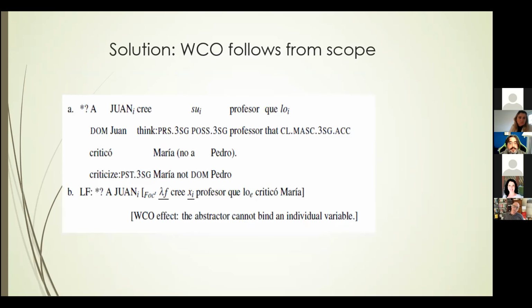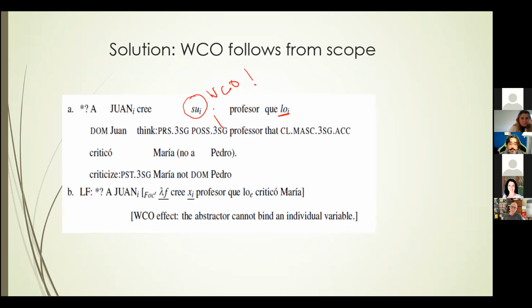This explains in a very nice way why the position of the possessive is important, right? According to this analysis, when you have long extraction with clitic doubling, only the first step of movement is movement of the A type, right? So when you have a possessive far from the clitic position, then weak crossover reappears, right?